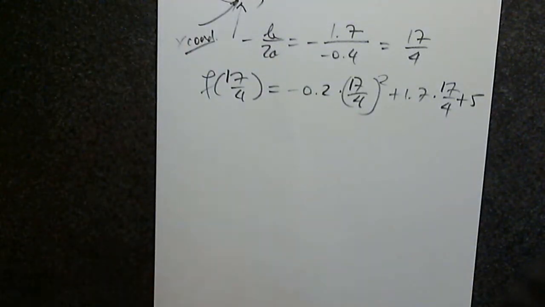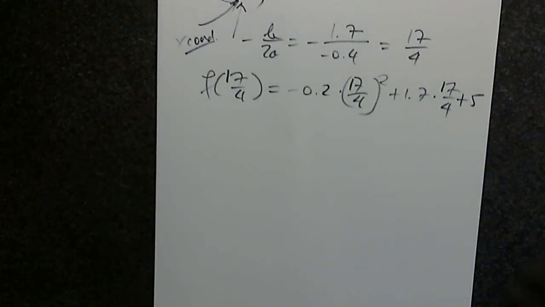So now let's plug this in the calculator. I like to put the function in, but you can say, well, it's really not necessary, you're only plugging in one number. That's true too. It's up to you. So negative 0.2 x squared, and then plus 1.7x, and then plus 5.